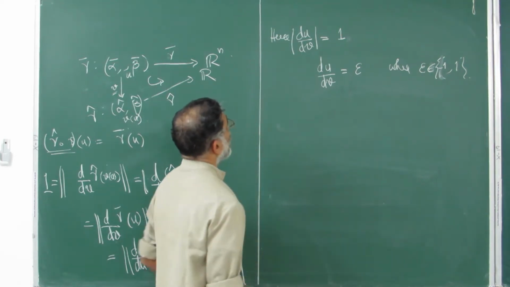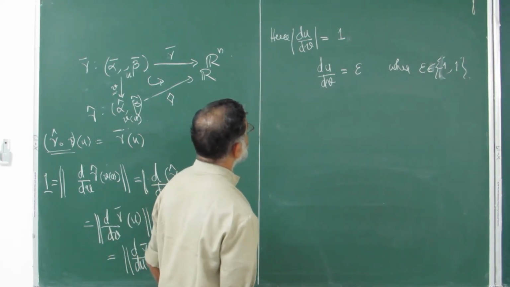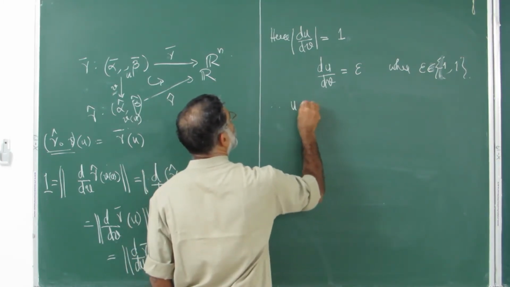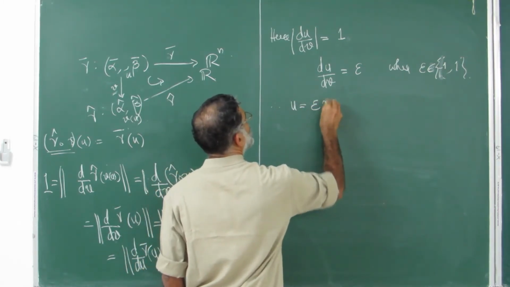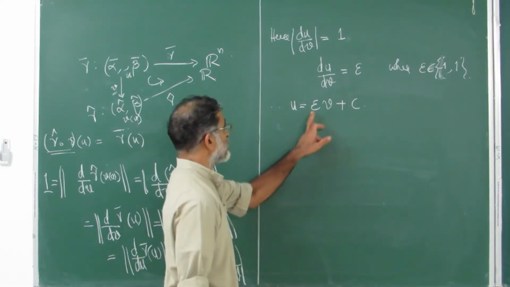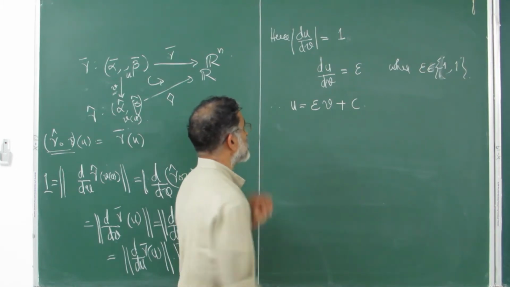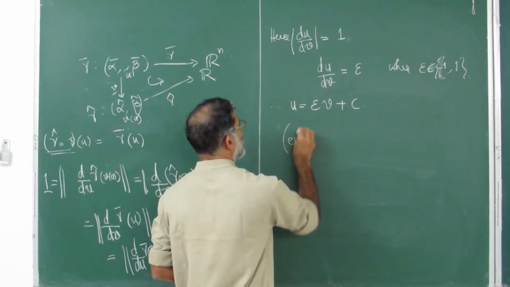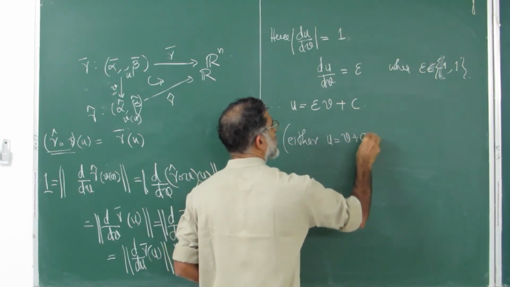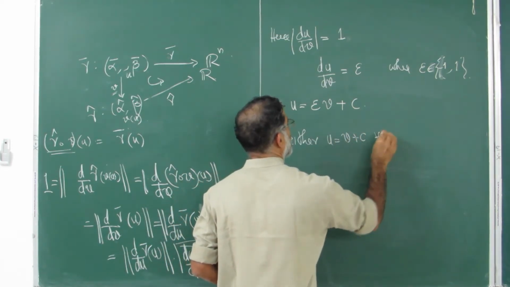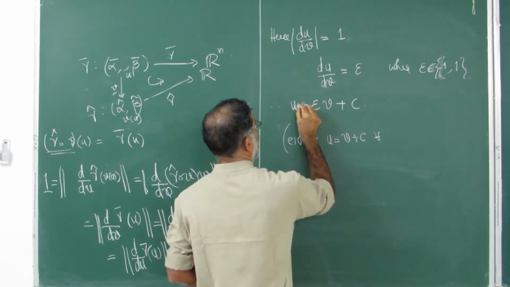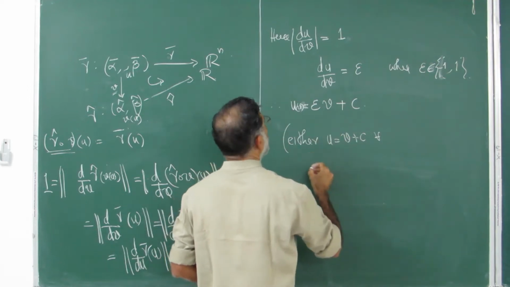Okay? Alright, if we have understood this, therefore u is equal to epsilon v plus some constant. This epsilon is either plus 1, that means u is equal to v plus c, or u is equal to minus v plus c. I should say u is a function of v.